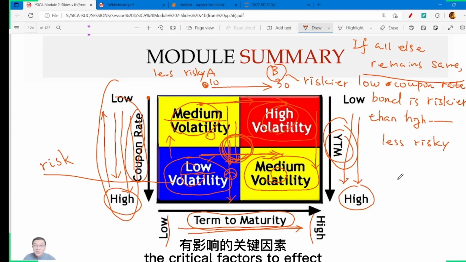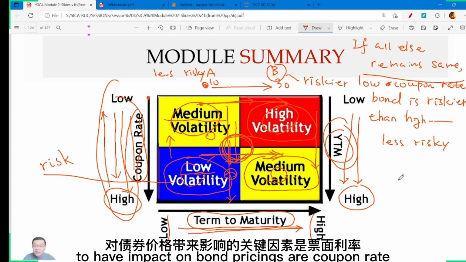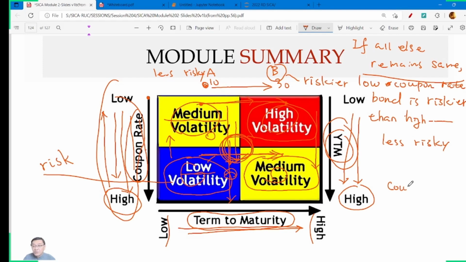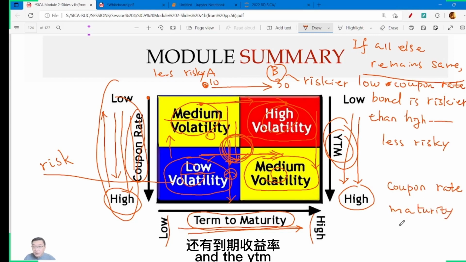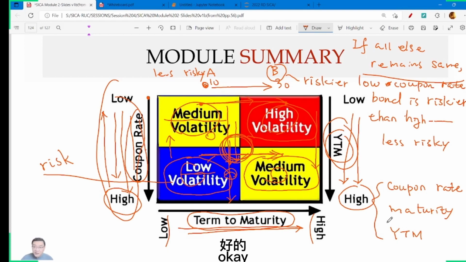The critical factors that have an impact on bond pricing are the coupon rate, the time to maturity, and the YTM. So these are the 3 key factors.